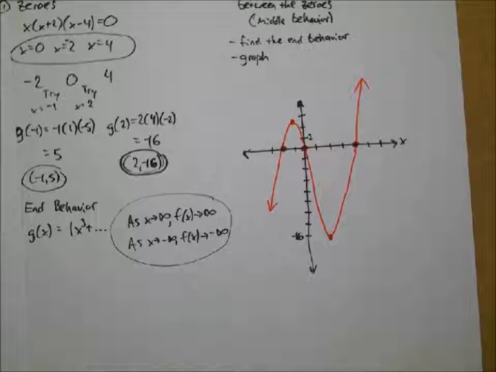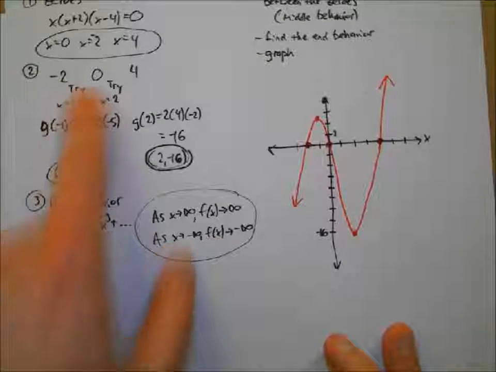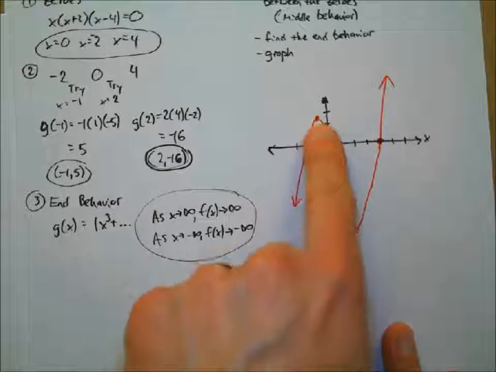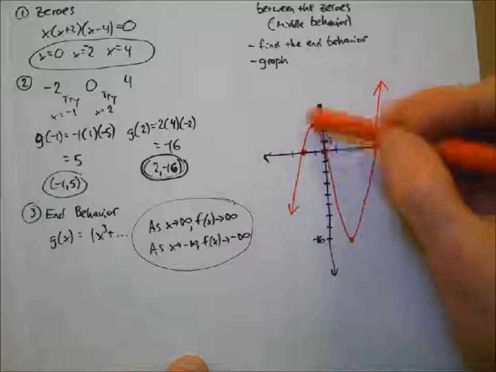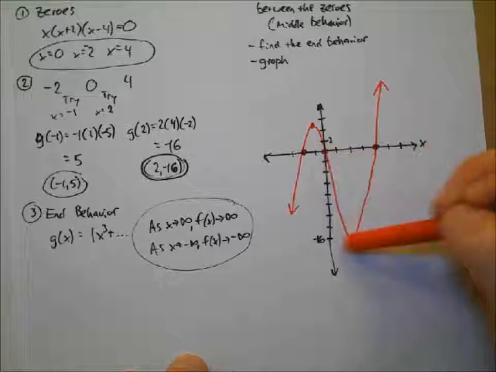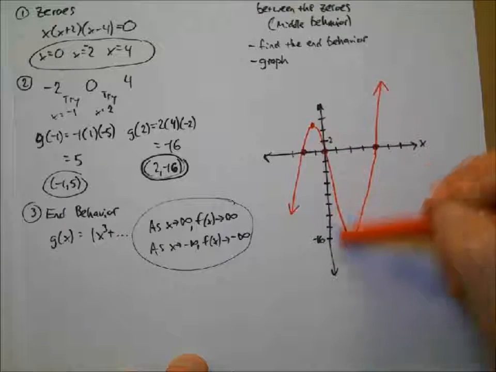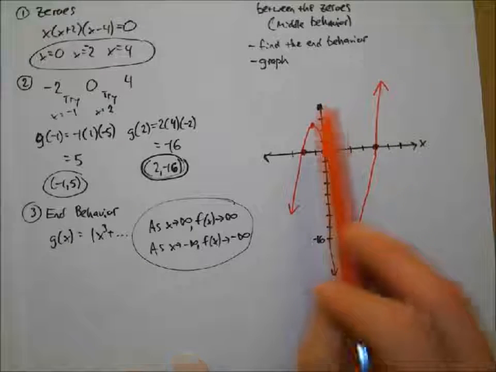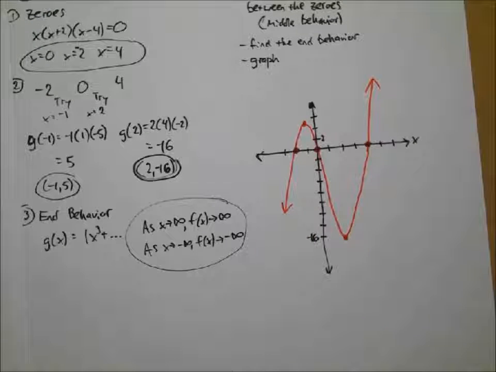So real quick though, let me point out, didn't we say that there was going to be a relative maximum between -2 and 0? And there it is. There's that relative maximum. It's a hill. Here's a relative minimum as well. There's that valley. Is this relative maximum also an absolute maximum? Does our graph have an absolute maximum?